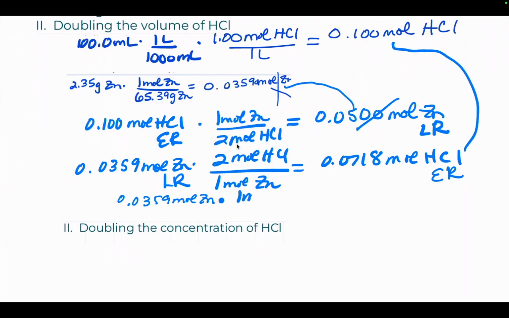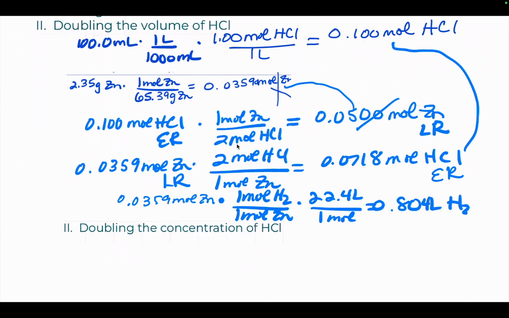So I know my mole ratio is 1 mole of hydrogen for every 1 mole of zinc. And then I'm going to use molar volume again. And when I do that, I get 0.804 liters of hydrogen. So by doubling the volume of the hydrochloric, we increased the volume of hydrogen produced to 0.804 liters.